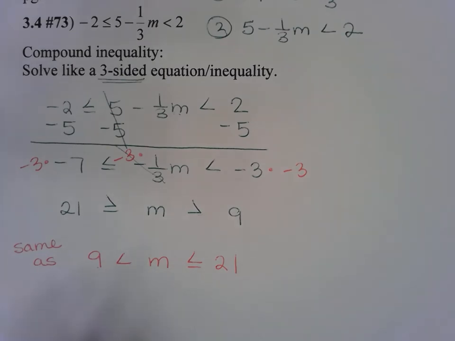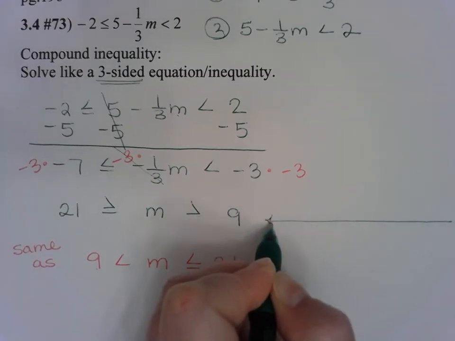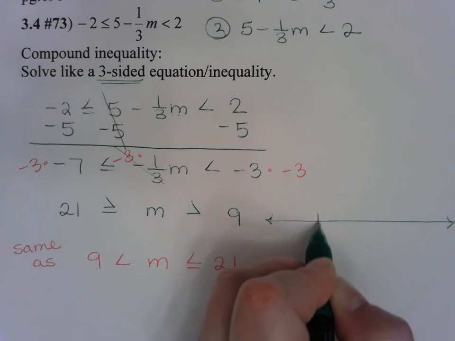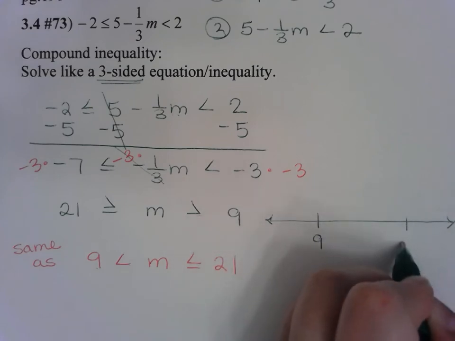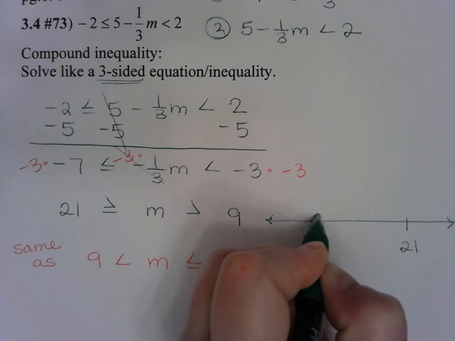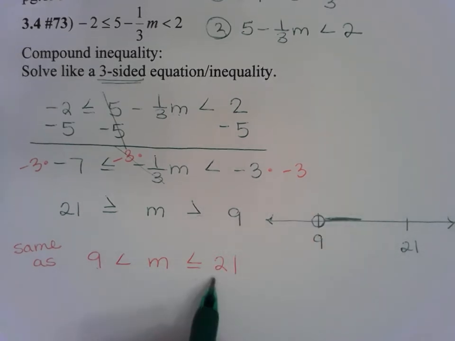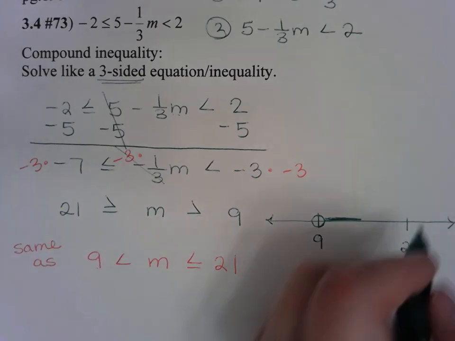Then we want to write this in interval notation. Now that I've flipped it around, it's going to match up directly with the number line. Notice that I want numbers that are bigger but not equal to 9, and numbers that are less than or equal to 21.